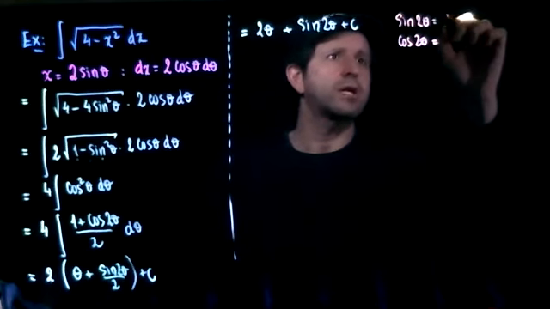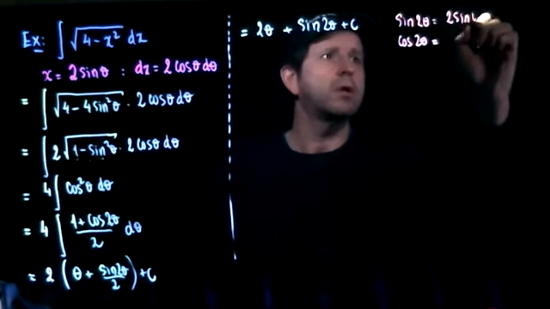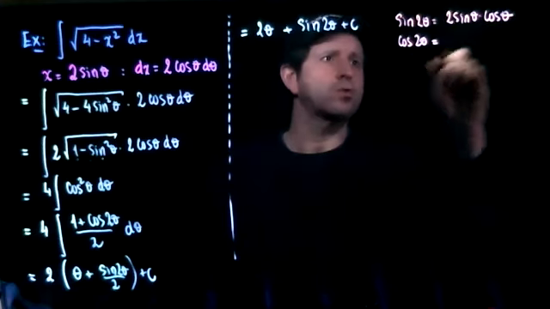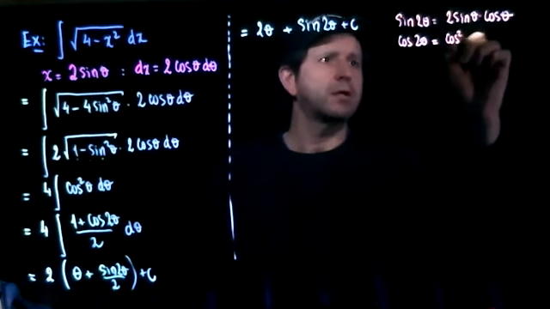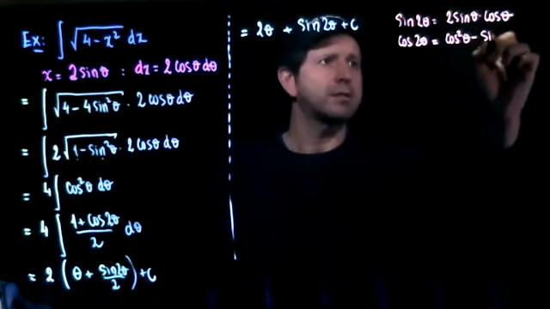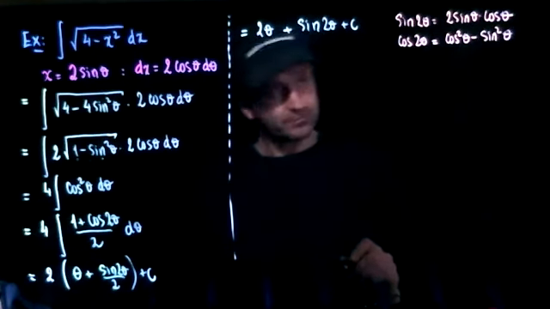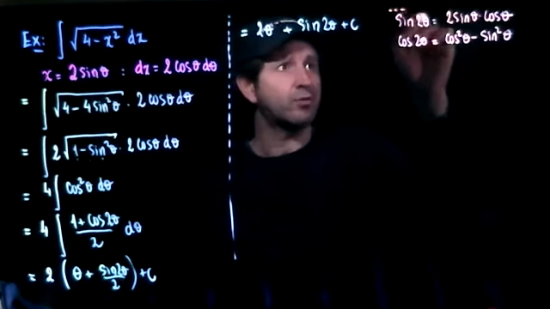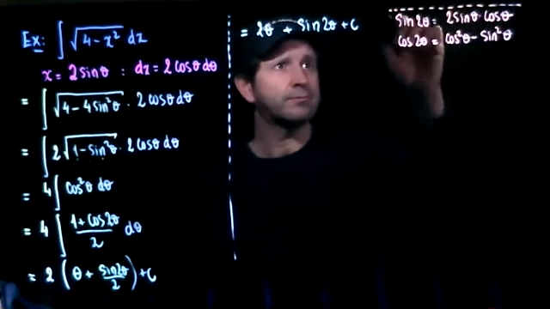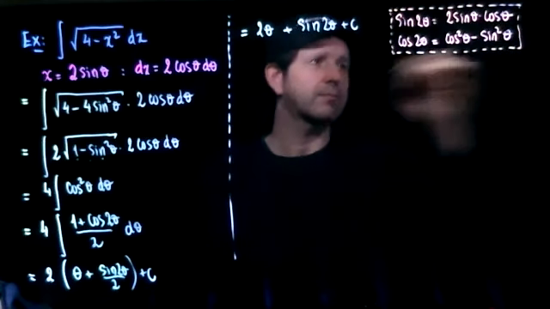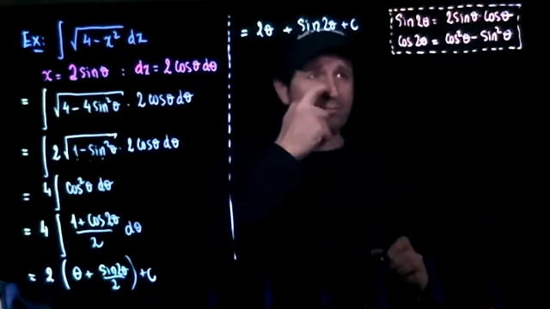So sine 2 theta is 2 sine theta cos theta, and cos 2 theta is cos squared theta minus sine squared theta. So these identities you have to remember. Okay, you should have done these in high school, but if not, here I remind them for you.